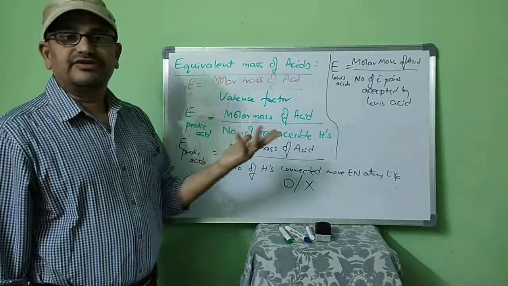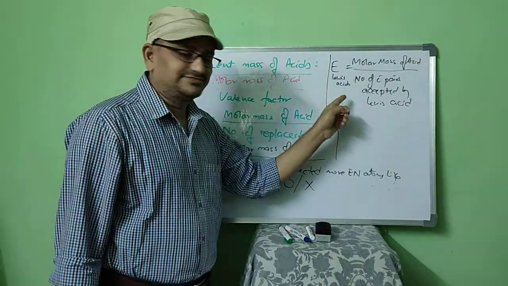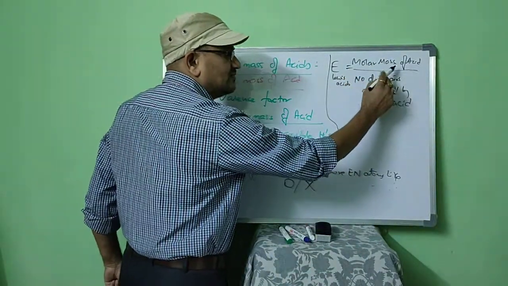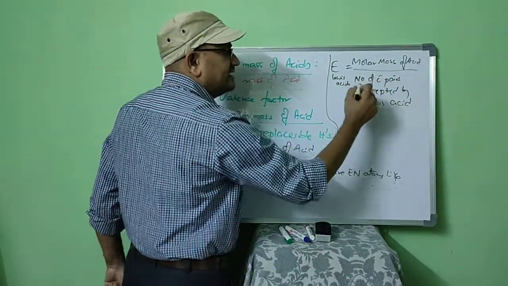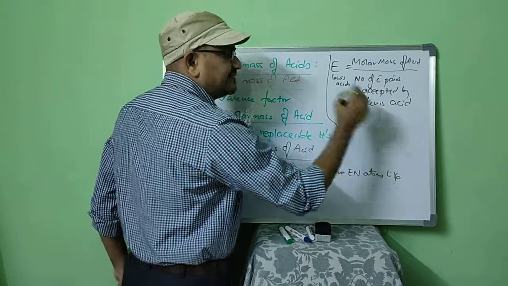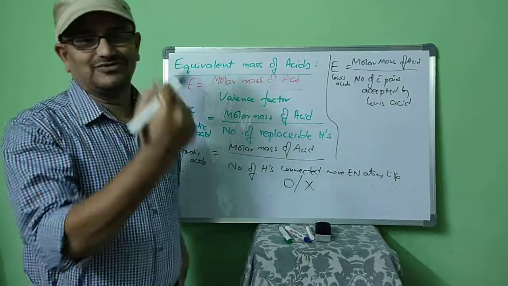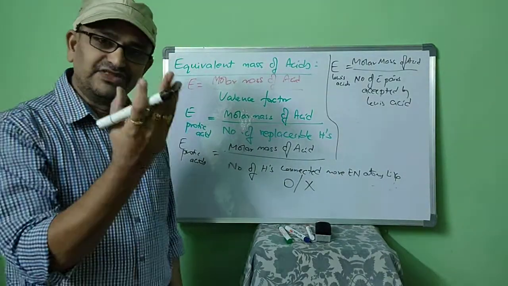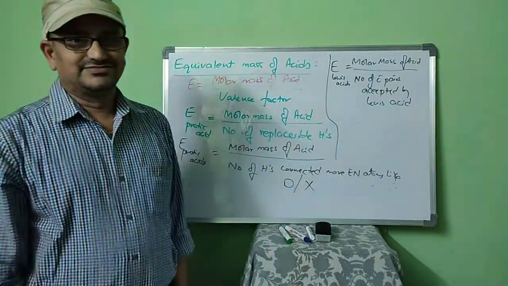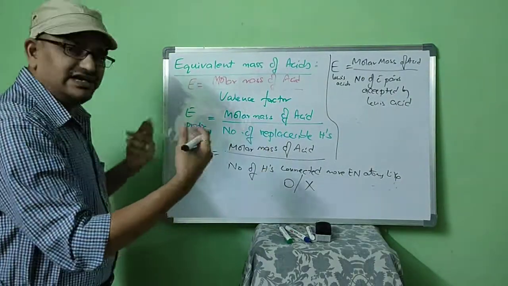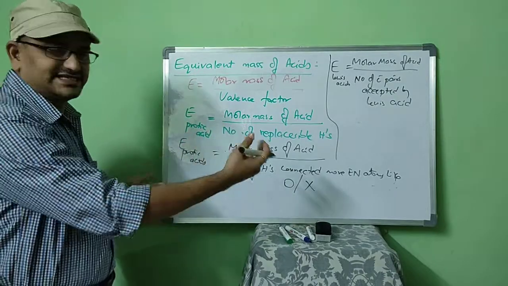We have one more type of acid, that is Lewis acid. In case of Lewis acid, equivalent mass can be calculated as molar mass of Lewis acid by number of electron pairs accepted by Lewis acid, because a Lewis acid is nothing but one which accepts electron pairs. See, you have to copy these formulae, based on which we will discuss examples in the next continuation.